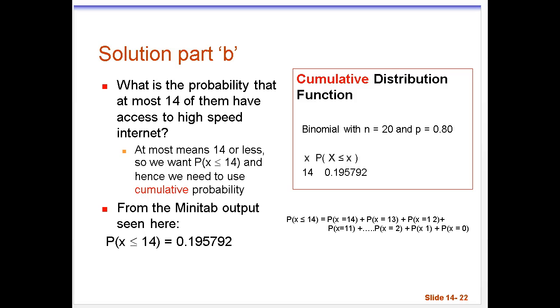So instead, in questions like this, we tend to use something that's referred to as the cumulative distribution function, cumulative probabilities. And cumulative probabilities are always written as less than or equal to. So I'm not going to show you how to work this one out by hand. I'm simply going to go to Minitab and we are going to get the answer.